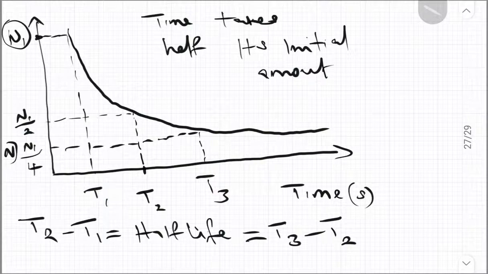Half its initial amount. So note that T2 minus T1 is going to be a constant, which is the what? Half-life for each radioactive material. So every radioactive material has its own half-life. Half-life is unique for every radioactive material. All right.